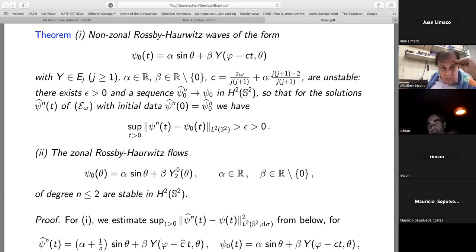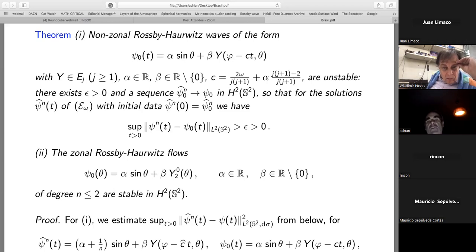Alpha sine theta accounts for the rotation of the Earth. Beta is just a factor, and Y20 is the spherical harmonic of eigenvalue -6, and the 0 on top means that it's zonal. It doesn't depend on longitude.